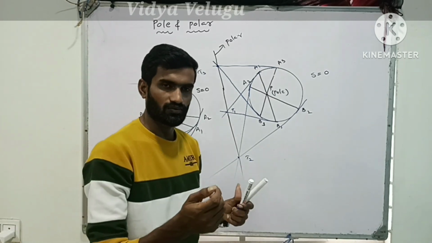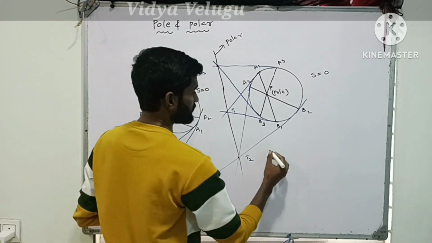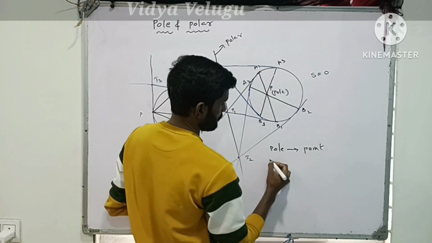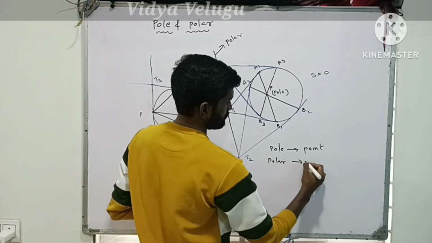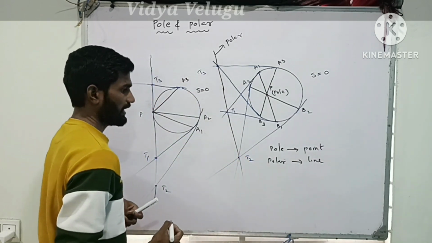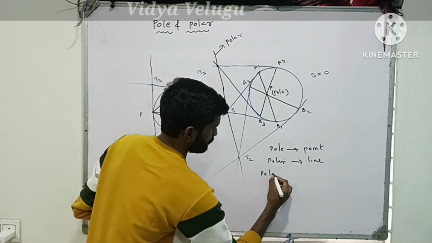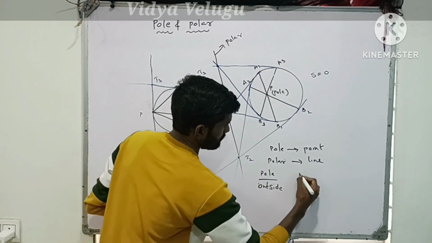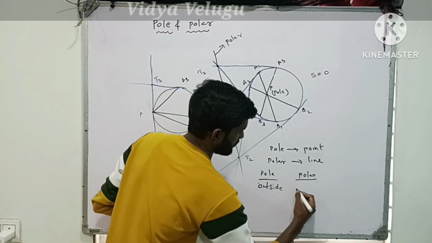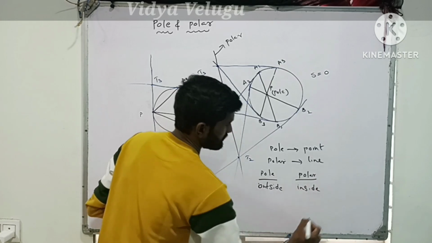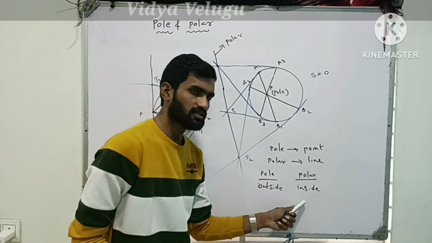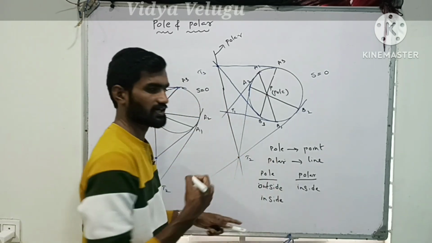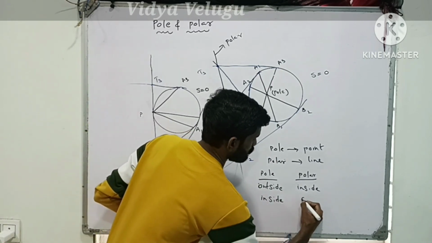Now you need to remember what we discussed here. Pole is a point, right? Polar is a line. If the pole is outside the circle, the polar is inside, otherwise it intersects the circle, right? Next, if the pole is inside the circle, the polar is outside the circle.